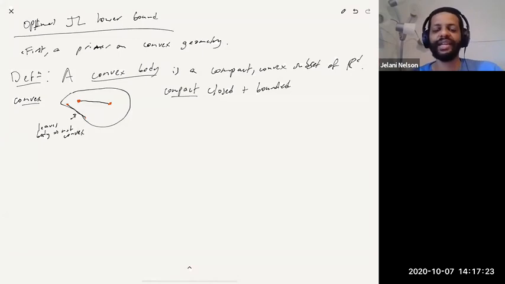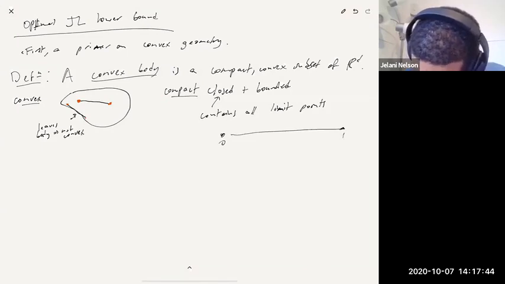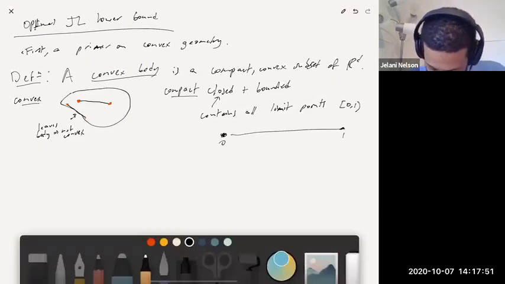Closed means that it doesn't have any so-called limit points which are not in the set. So closed means it contains all limit points. For example, look at the interval from 0 to 1. It contains 0, but it doesn't contain 1.